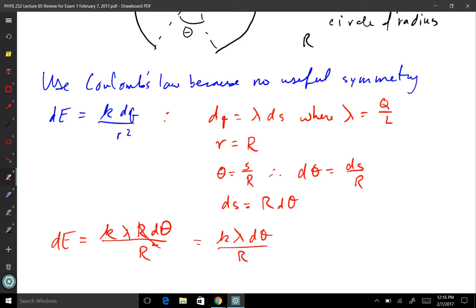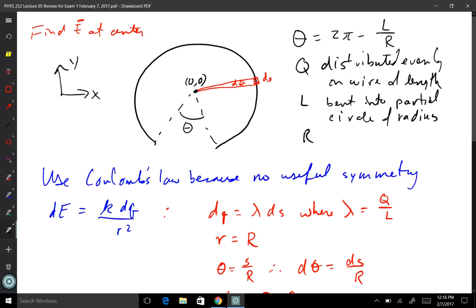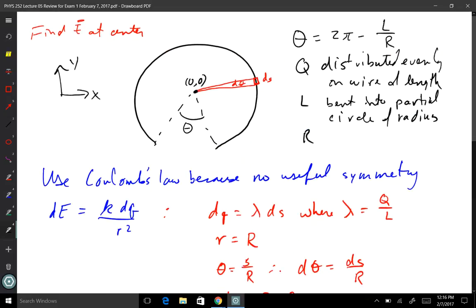Now I said we need to break it into its x components and y components, so I need to identify my x and y directions before that makes any sense. There's my x and y directions, and this is the origin. I'll define theta as the angle from the x-axis, because it makes my life easiest.